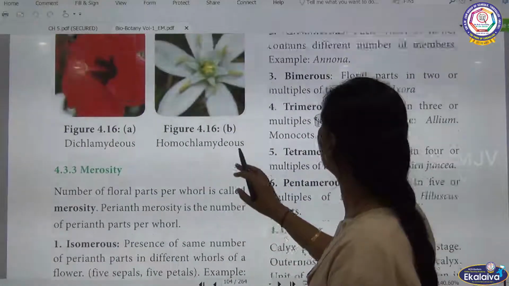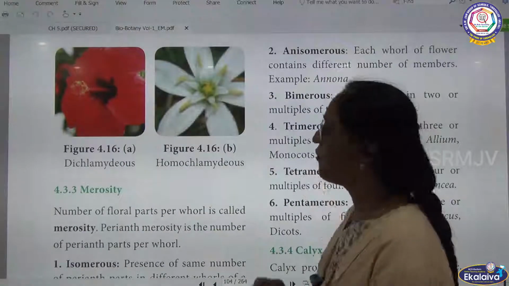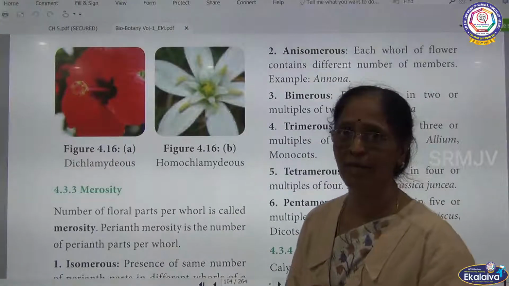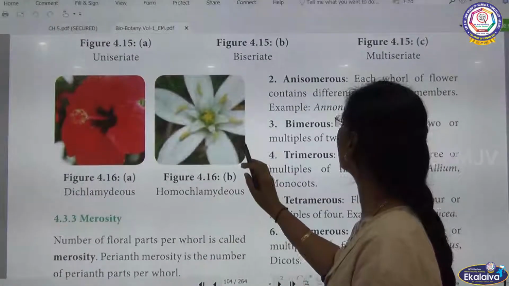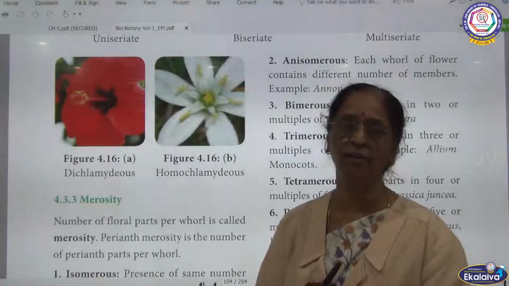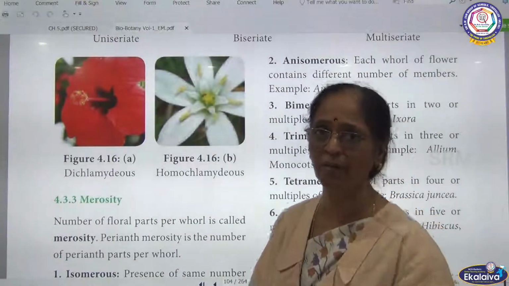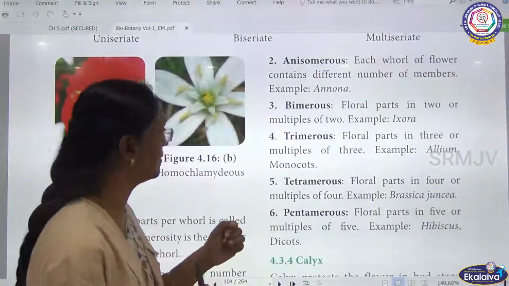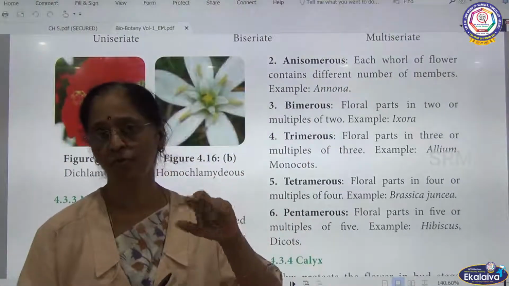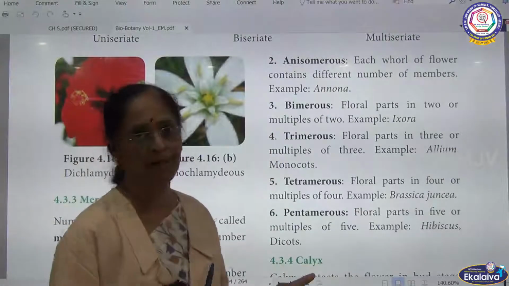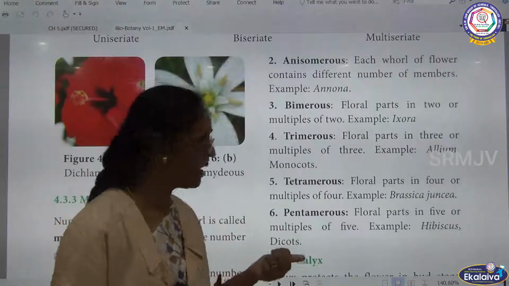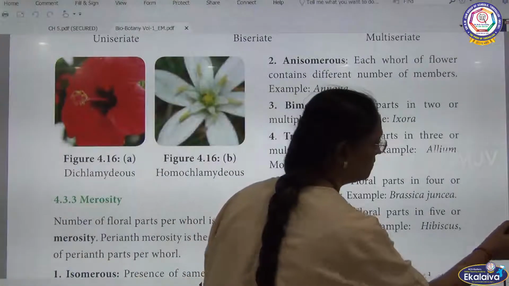If the flower has different numbers, for example a different number in the calyx and a different number in the corolla, then you call it anisomerous. And if the floral parts are in multiples of 2, you call it bimerous. And trimerous is where you find 3 or multiples of 3, as in allium.